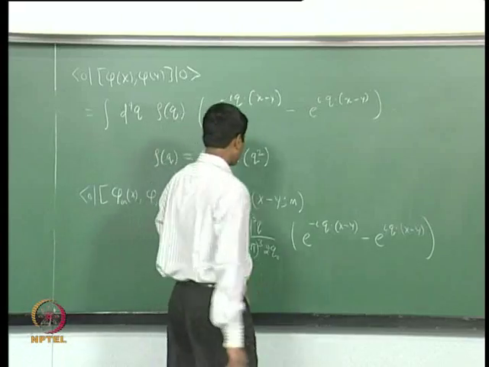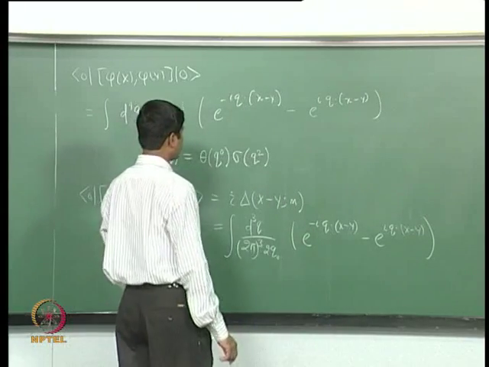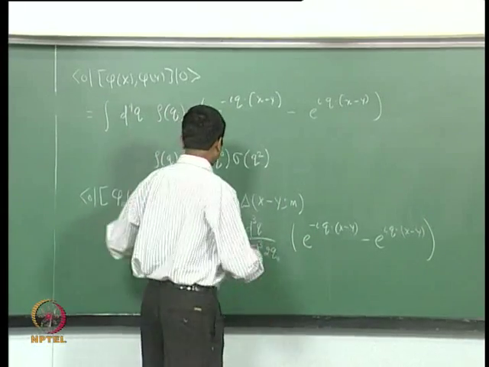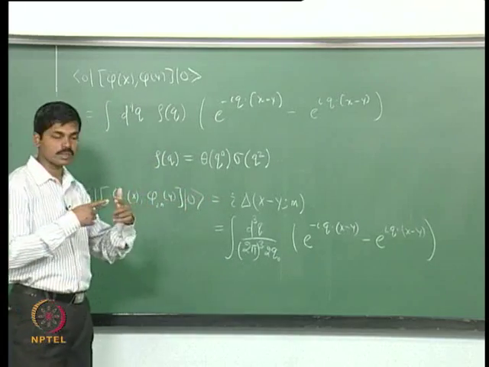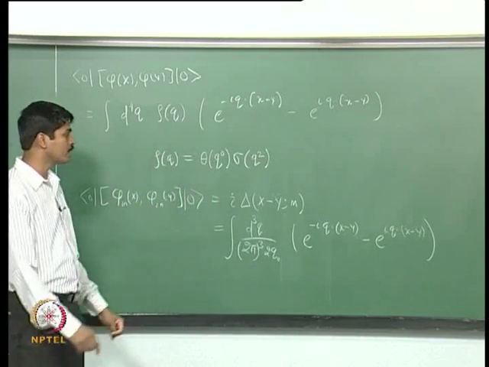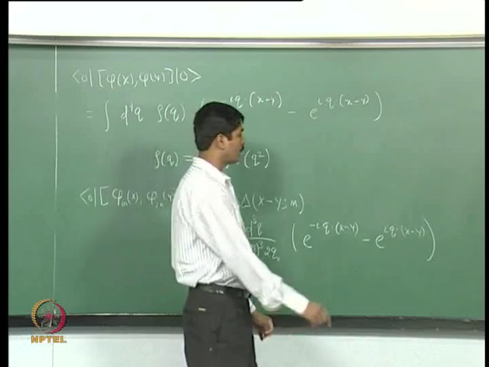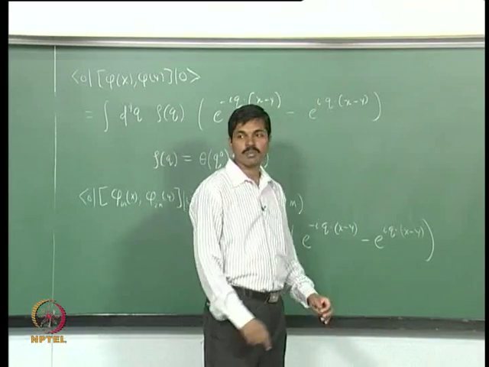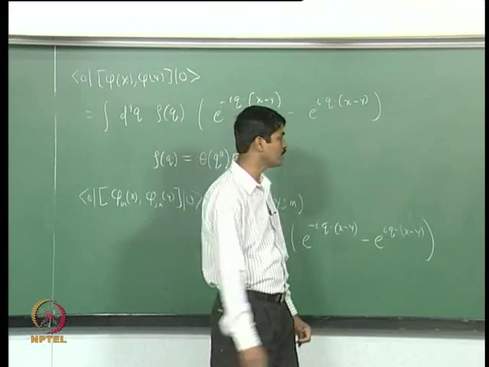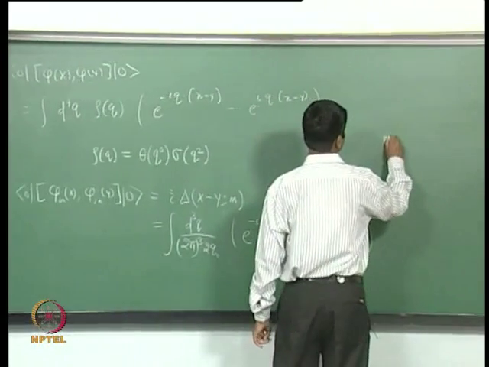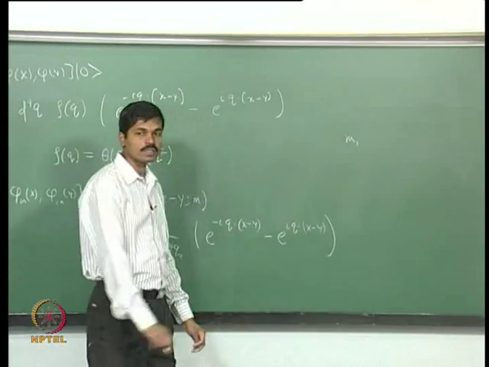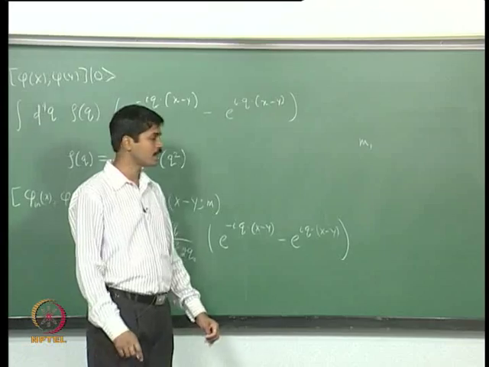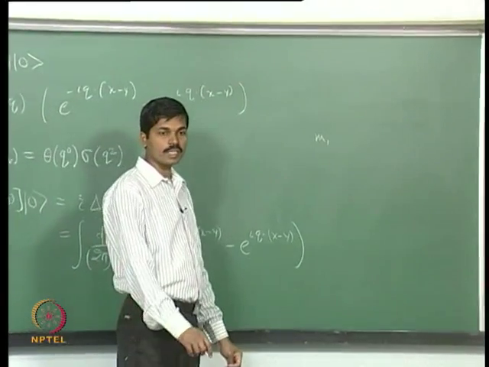You know the single particle states are stable. Because of the interaction in the theory, the field can create multi-particle states and so on. Let us assume that m1 is some energy scale above which multi-particle states are created.